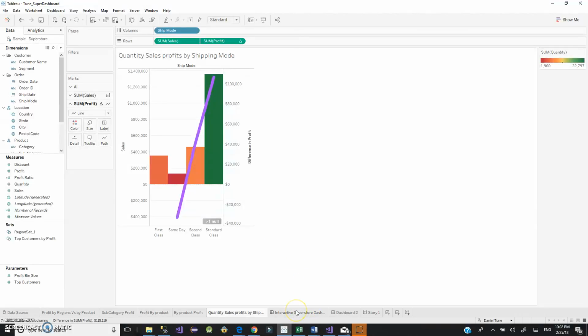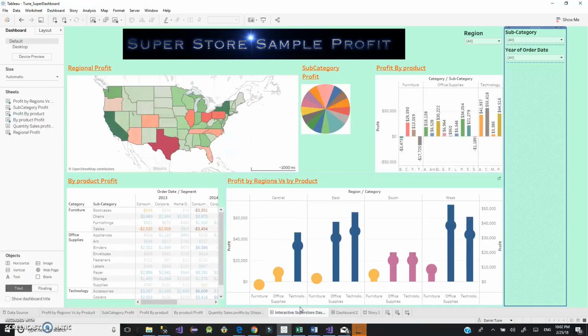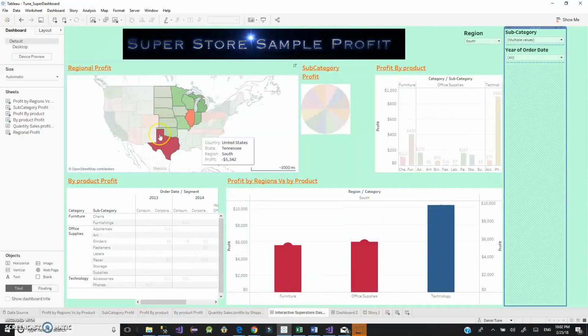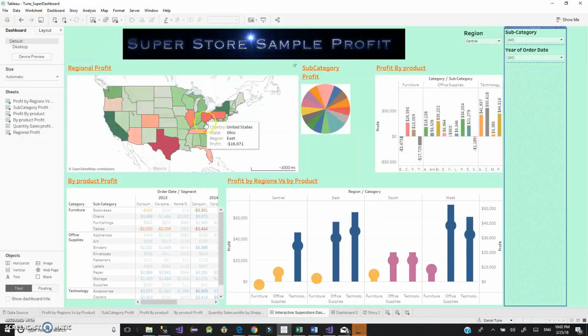Let's go and see this in the dashboard. This is the first dashboard. I put titles here: Superstore sample profit. Regionals is right here. When I hover over, it even tells by the region.